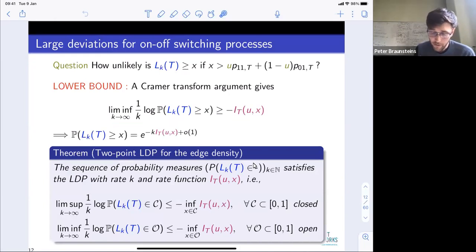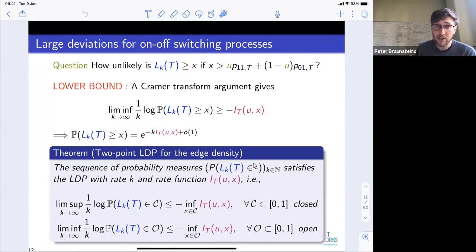What that means is that this probability that we're interested in, which is the probability that the edge density is unusually large, decays exponentially in the number of edges k, multiplied by the value of the rate function. So we've answered our question of how unlikely is the event that the edge density is unusually large.